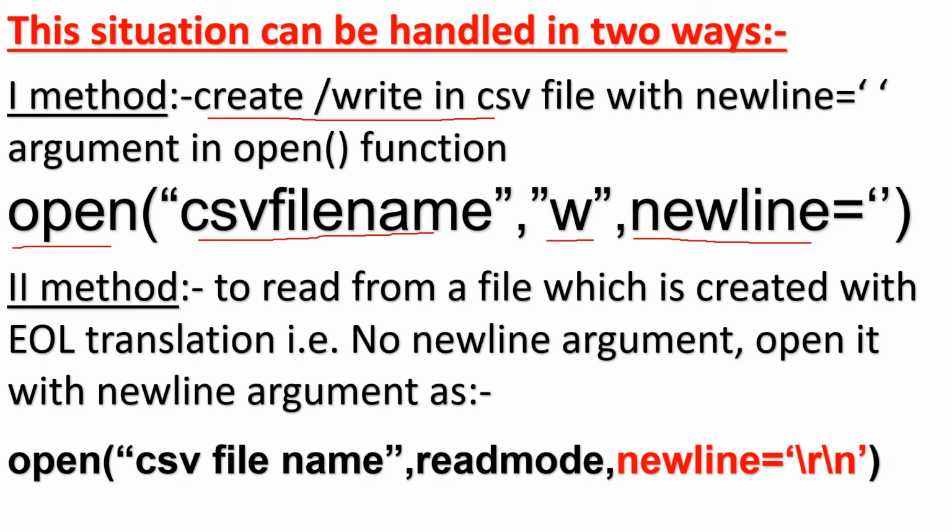The third argument is the newline argument, which is used to handle the newline character. If in the newline argument you specify no newline character, that is one method. Another method is to read from the file which is separated with end of line translation.